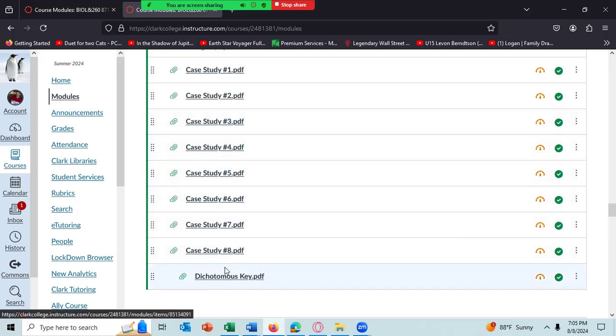Only use this dichotomous key for lab 8. Do not use it for your unknown project. Do not use it for any other lab. Any questions about any of that?